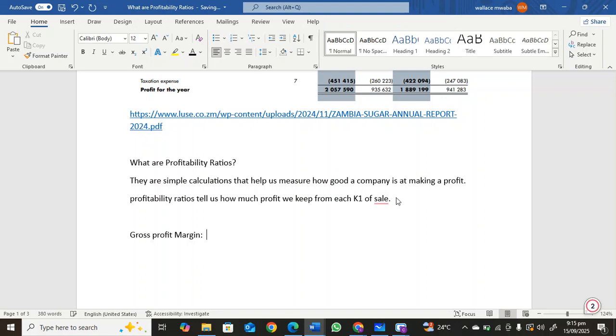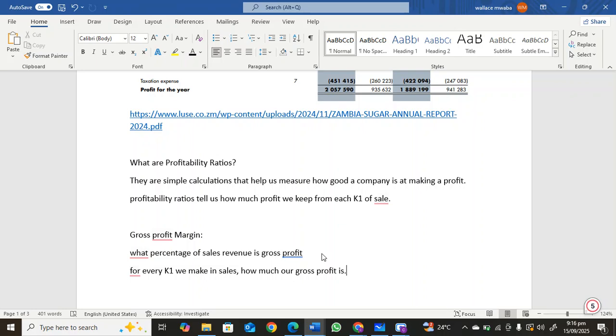It tells us two things: what percentage of sales revenue is gross profit, and for every one kwacha we make in sales, how much our gross profit is. Colleagues, this is what this gross profit margin is going to tell us.